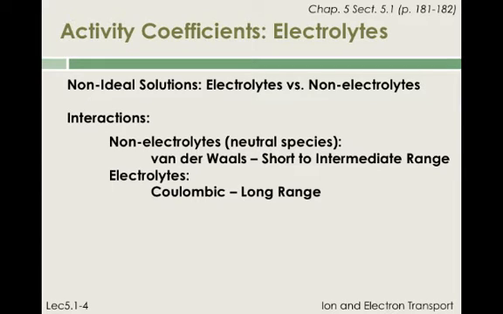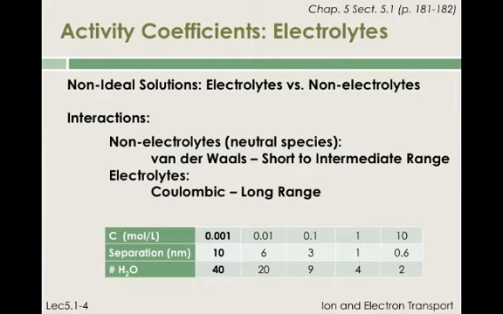To get a feel for the average distance between solute molecules or ions in solution for different solute concentrations, examine the following table. This table shows that for a solute concentration of 0.001 mole per liter, solute molecules or ions are separated by about 10 nanometers, the distance needed to fit about 40 water molecules.